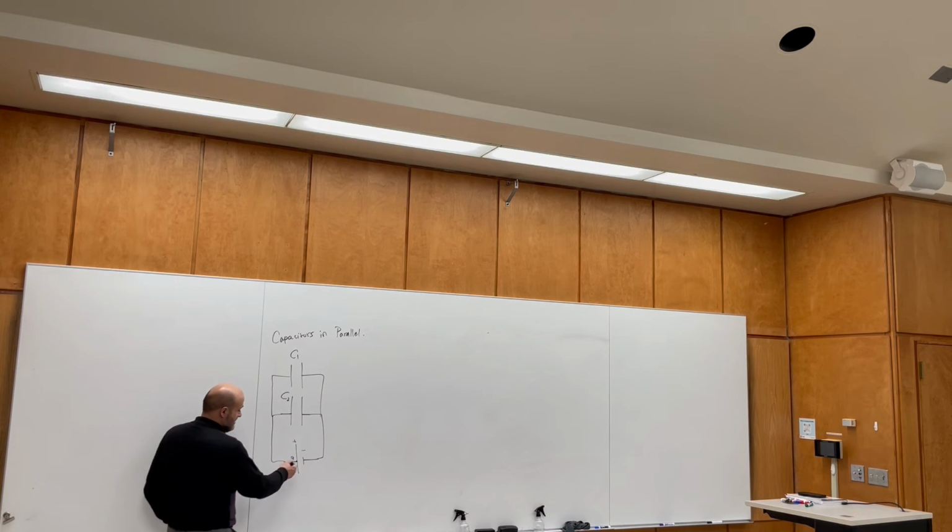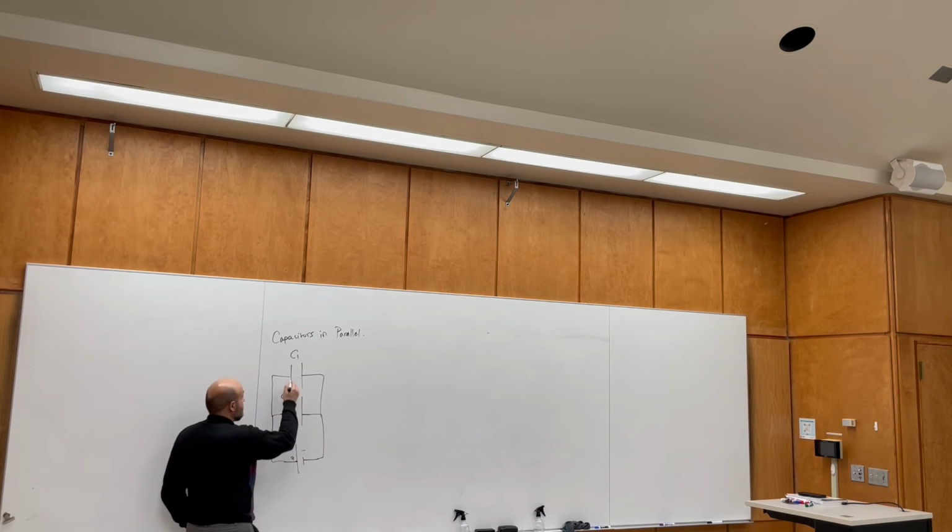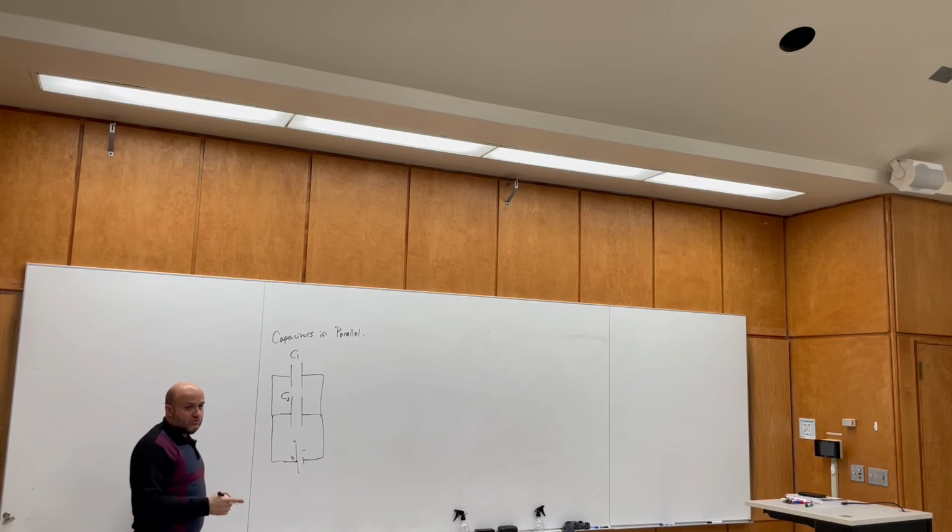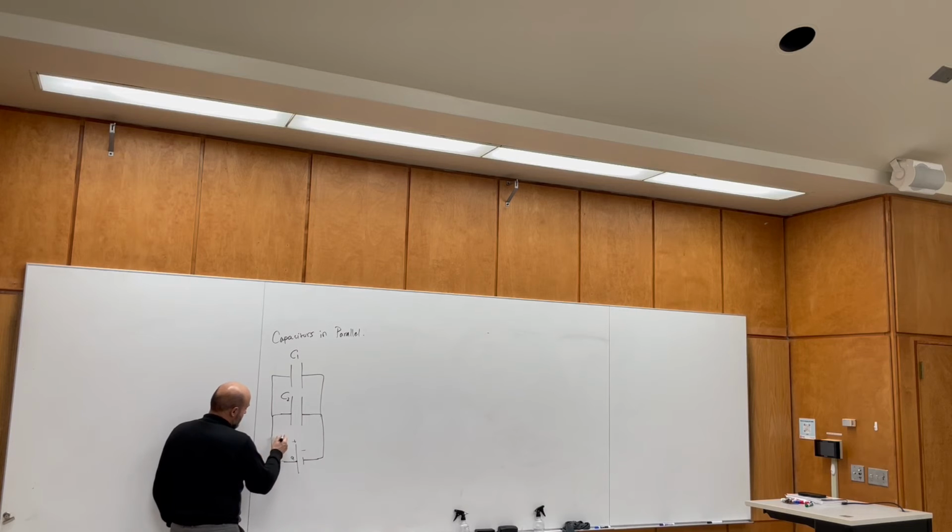So this voltage is A, this voltage is A, this voltage is A. As long as you are not crossing through any element, voltage will not change. By element, I mean, imagine you have another capacitor here. So if this is A, you keep going, this is A. But now if you go to this point, your voltage is going to change because you're passing through the capacitor.